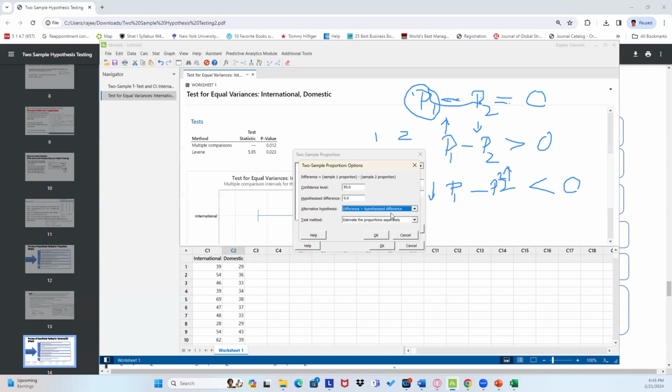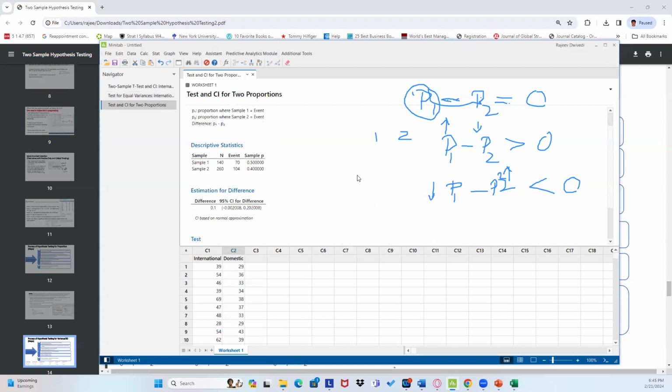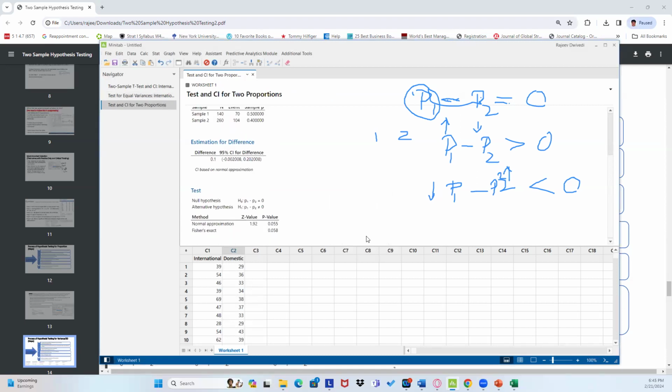So what would be the null hypothesis? What would be the alternative hypothesis? Look into this. And now you can see the Z value based on normal approximation, and the P value is more than 5%.